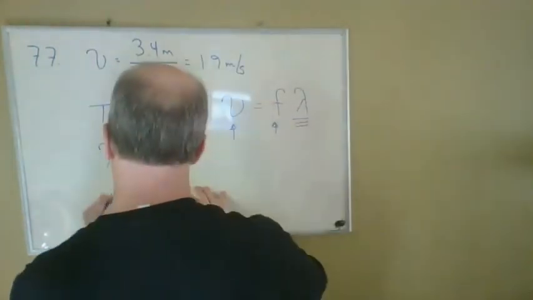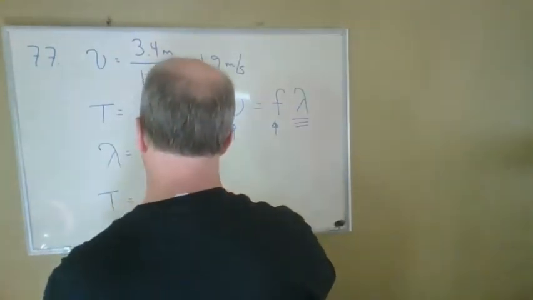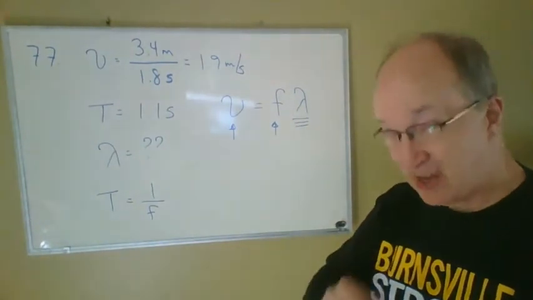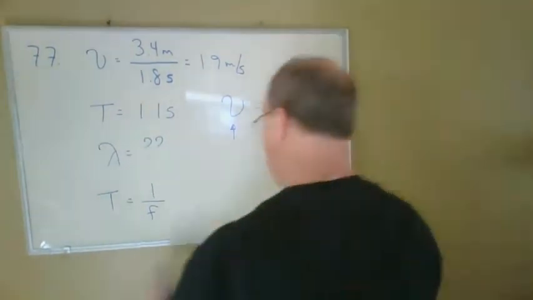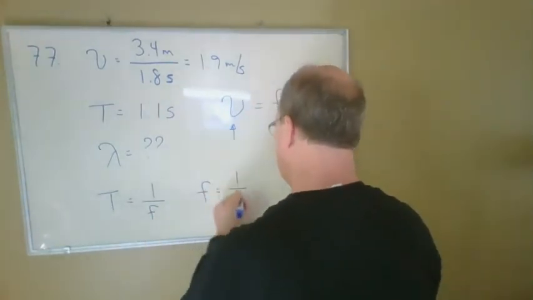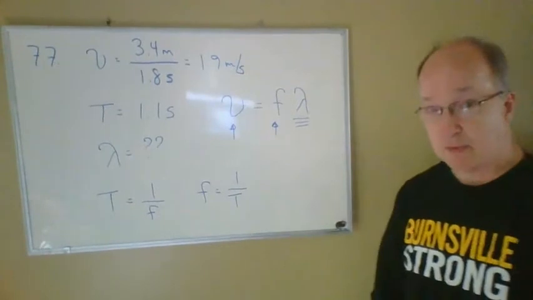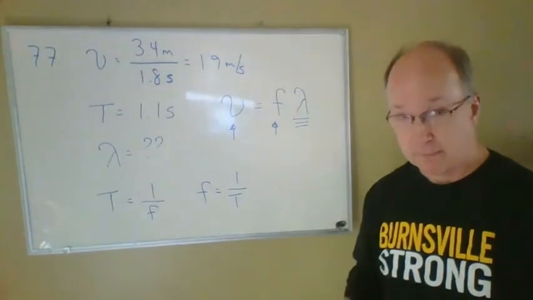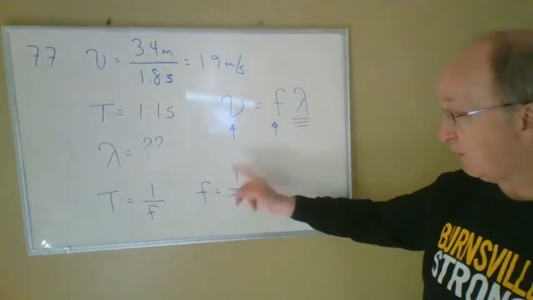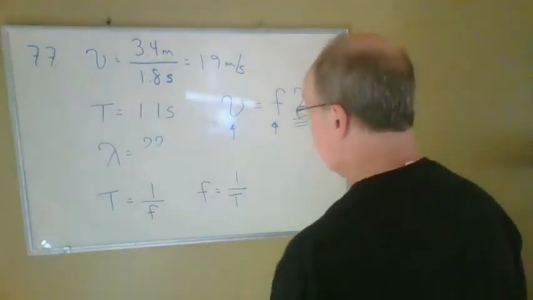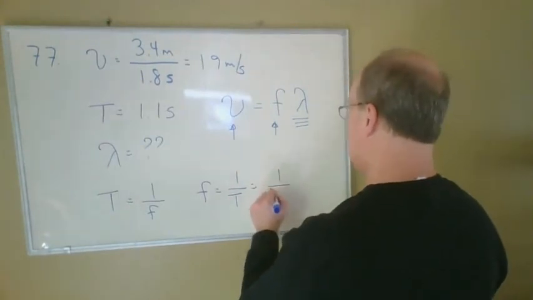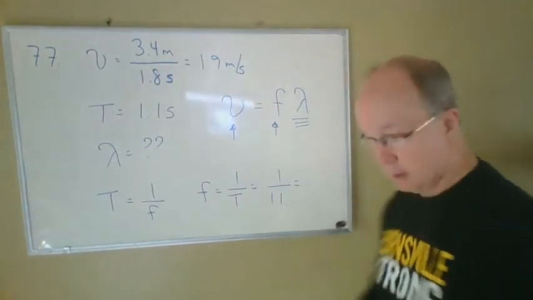And I know that the period is equal to 1 over the frequency. And I know, because I know how to do algebra, that if the period is 1 over the frequency, then frequency is 1 over the period. They're inverses of each other. So frequency is 1 divided by 1.1.